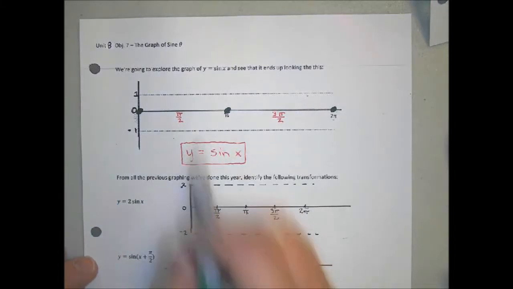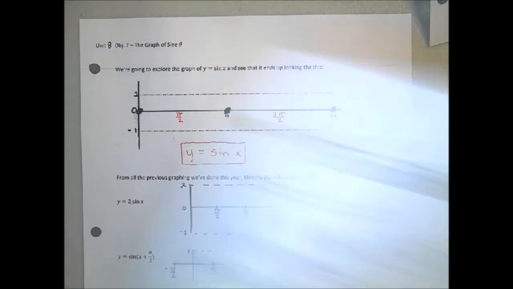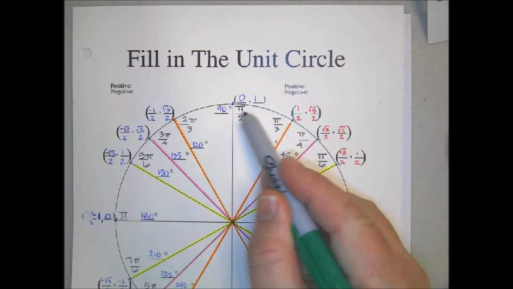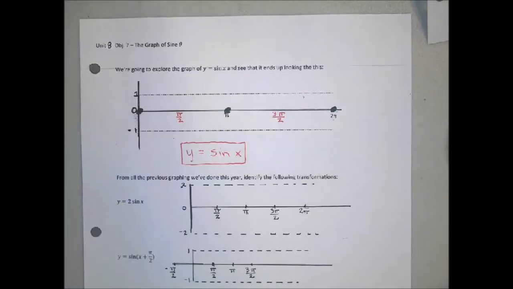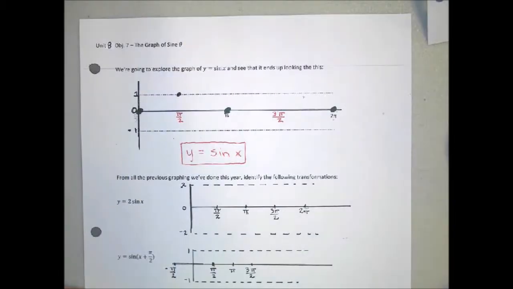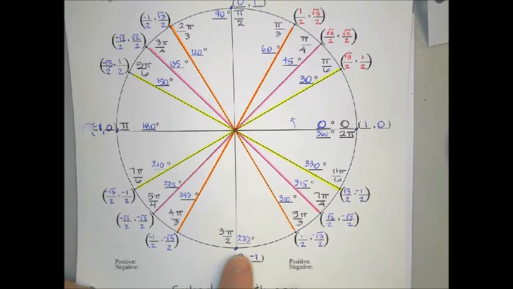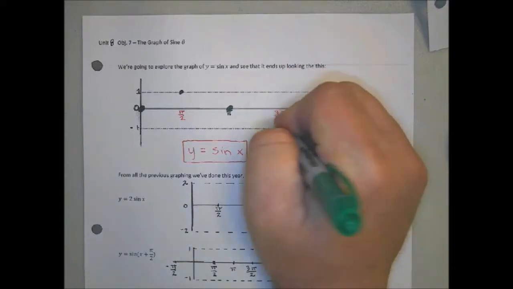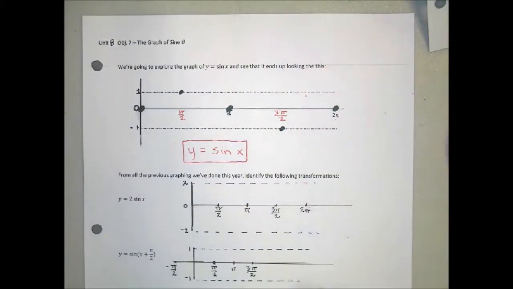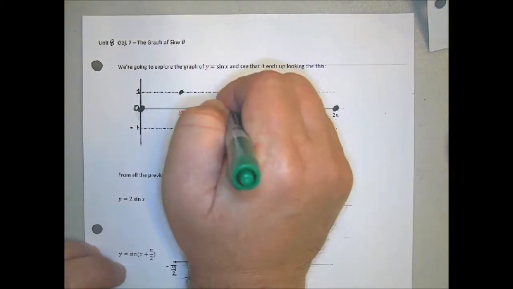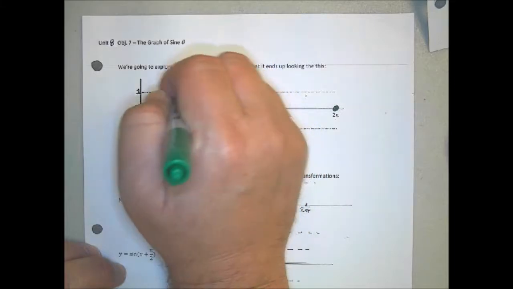Now, where were we when we were at pi over 2? We were right up here. And the y value of that position is 1, so that would be 1 over 1. So I would be right there. And then when I was down at 3 pi over 2, I was down here, and that's negative 1 because the y value is negative 1. And now I just try to connect my graph as smoothly as possible.